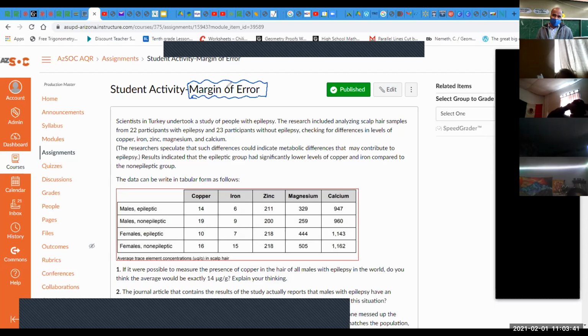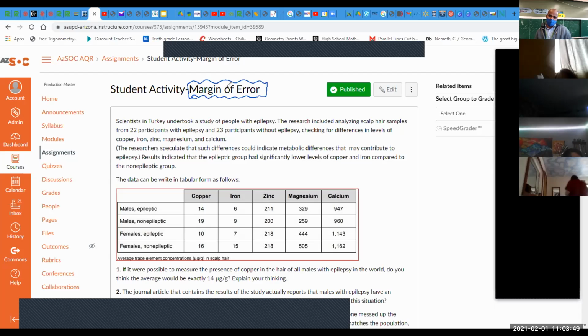We are collecting data, but there are chances for errors. Those kinds of errors we can figure out using the tool called margin of error. Okay, so how can we do that?